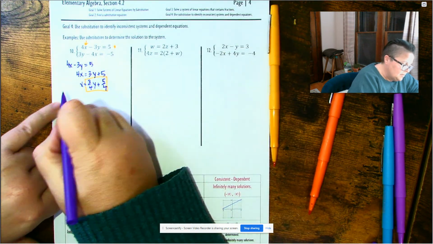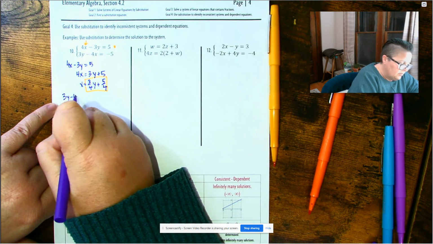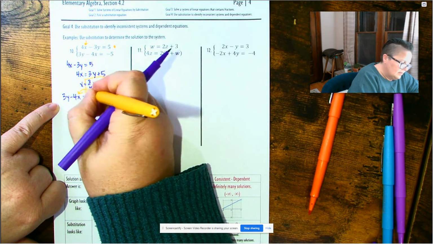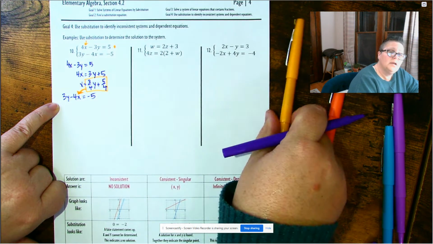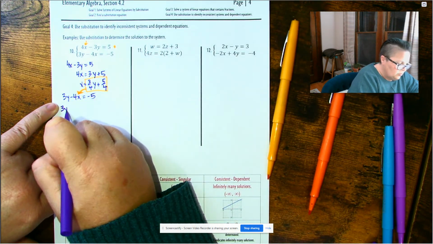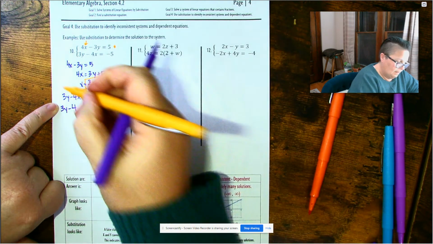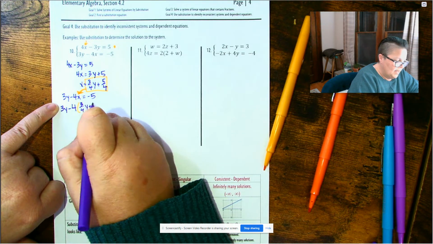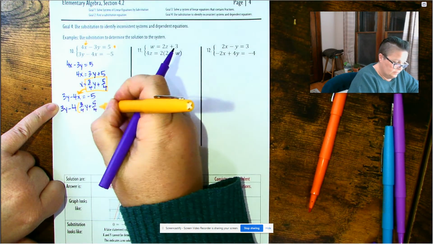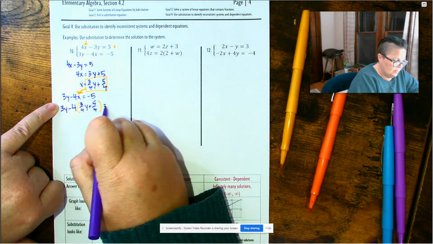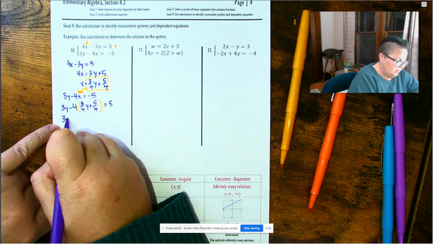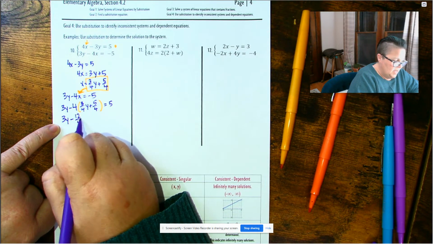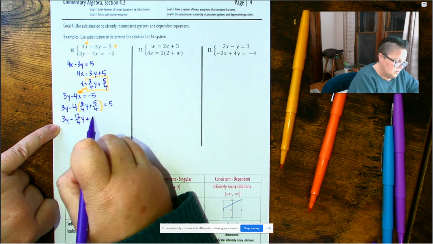I'm going to put it into 3y minus 4x equals a negative 5. I'm going to put all of this in for the x. Just the x, not the 4, just the x. So that's going to be 3y minus 4 times 3/4 y plus 5/4 equals negative 5. That's going to give me 3y minus 12 over 4 y plus, oh, nope.